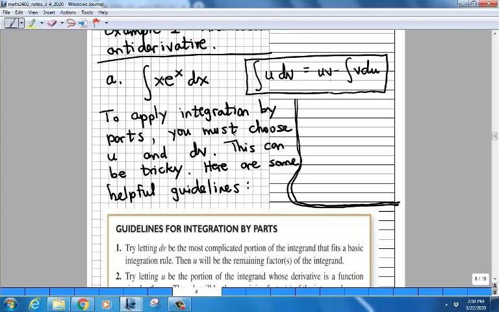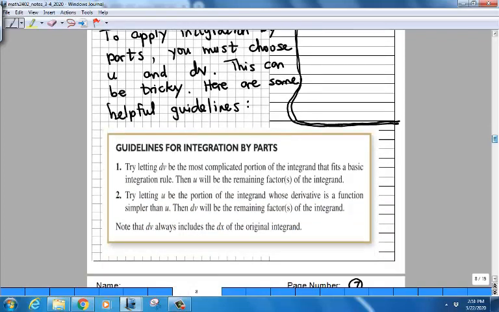You have to do a little bit of experimentation. But not that much, because we do have some guidelines that can help us with choosing which part of the integral you want to call u and which part you want to refer to as dv. Let me show you what those guidelines are.